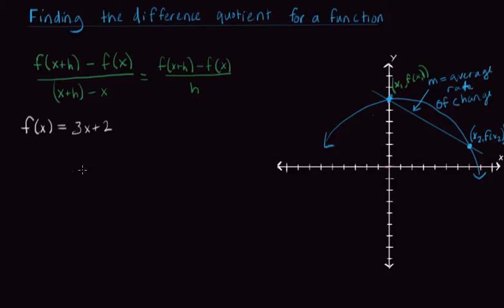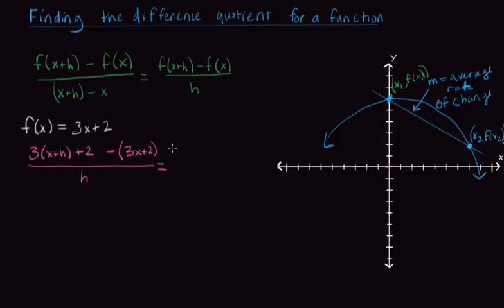So f of x is 3x plus 2. So f of x plus h is 3 times x plus h plus 2. Okay. Minus f of x. So f of x is 3x plus 2. All over h. Okay, and now we're just going to try to simplify it.